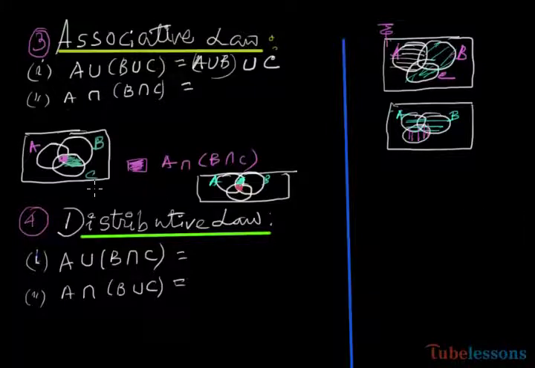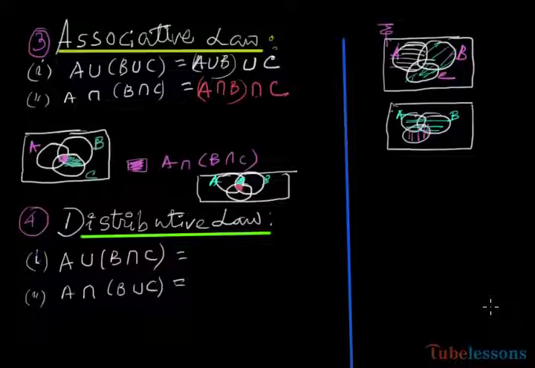So hence we can write this is equal to (A intersection B) intersection C. This is the law of association, or we can say it is the associative law.